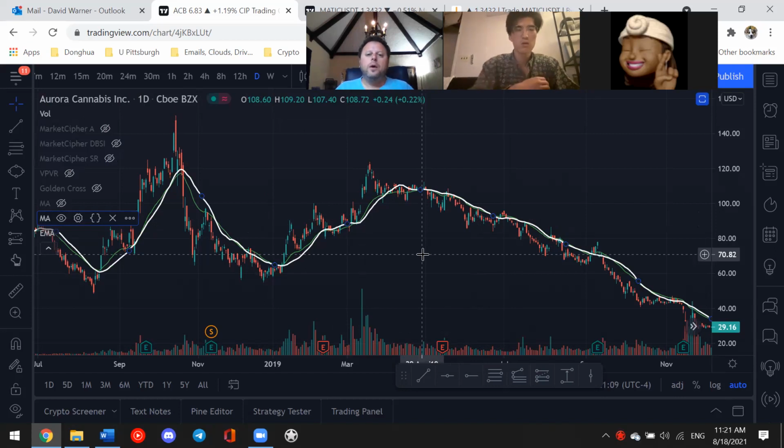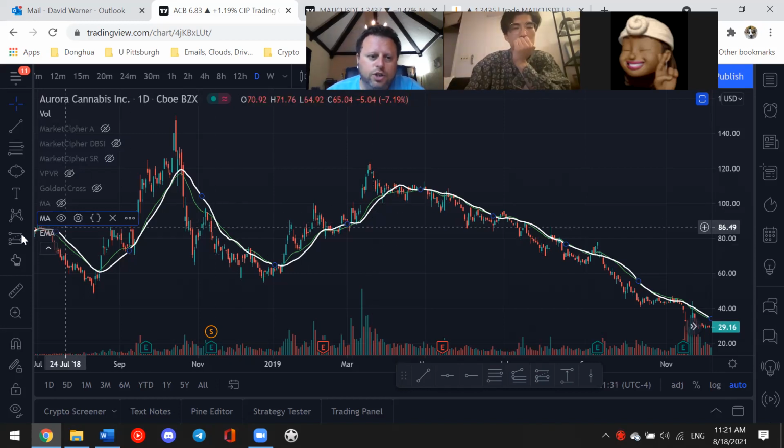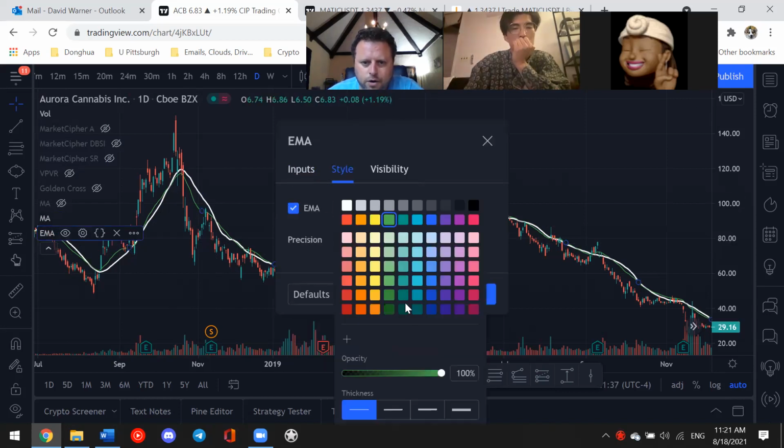I get that math. The EMA is weighted, which means the more recent days have more weight than the previous days. So if there's the last 21 days, day 1 to 21 days ago, those have less weight. And yesterday and the day before have more weight. So you see the green line hugs the price much closer.